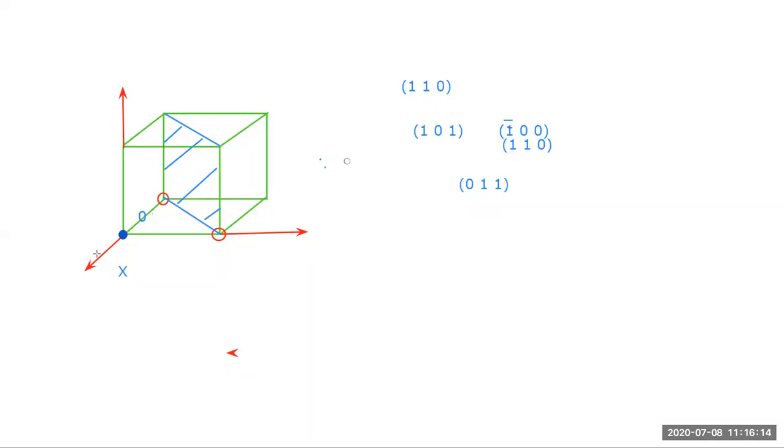Then how do you indicate 1 0 bar 1? In which direction are you shifting the origin? For 1 0 bar 1, in the Z direction.